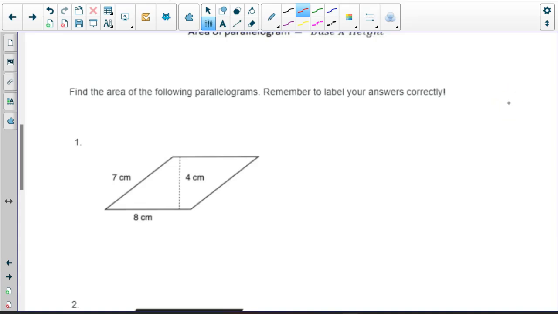So let's actually use it. When we solve, we're going to do a three-step process. We're going to write our formula, plug it in, and then solve. So for this one, we write our formula, which is area is equal to base times height. Our base is right here, the 8, and our height is this 4.